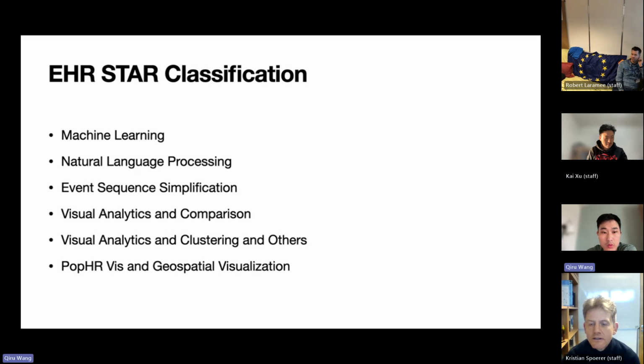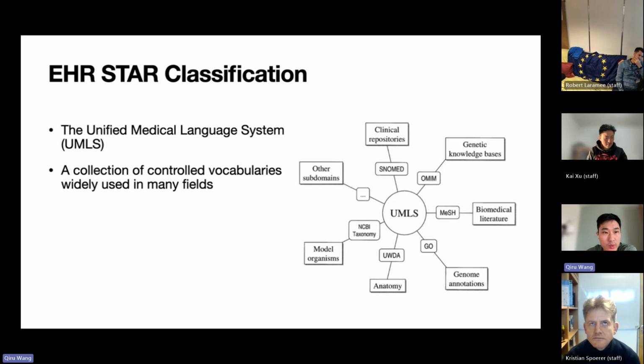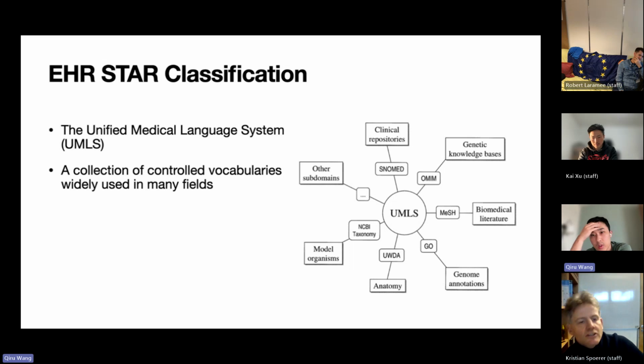Not so much about those 6 themes listed here, but I think people are already starting to use UMLS to classify literature.